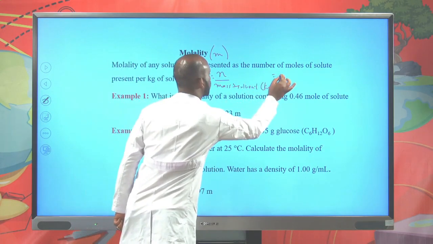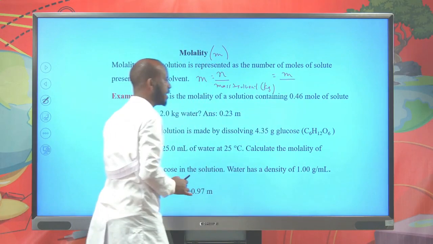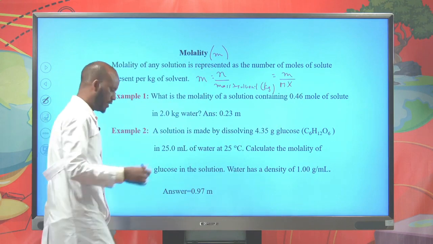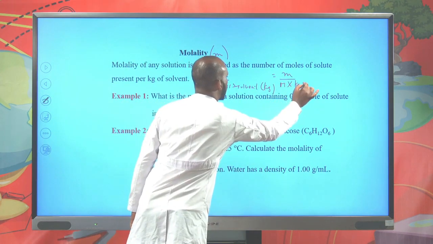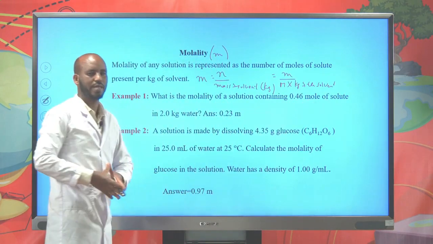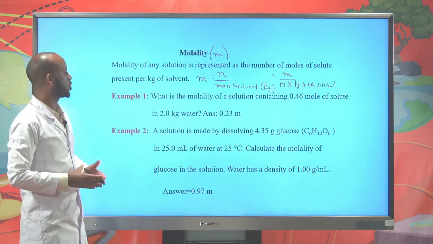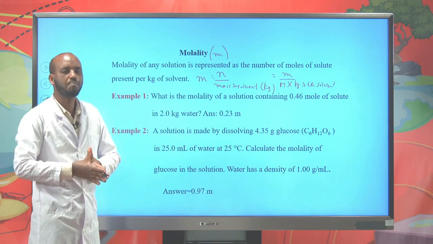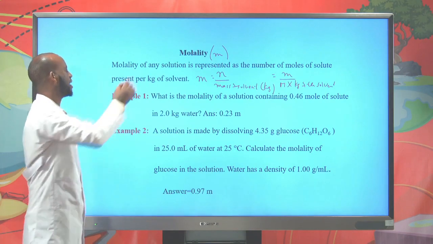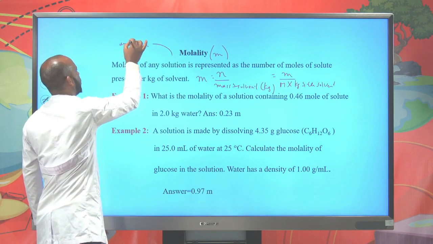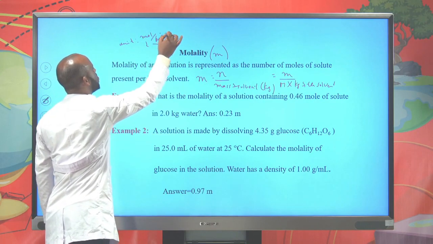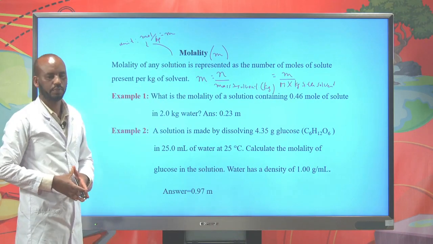Number of moles of solutes is mass of solute divided by molar mass of the solute. The units of molality is mole per kg, which is known as molal, small m.